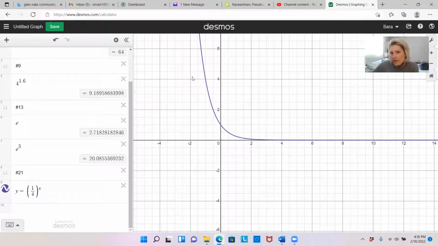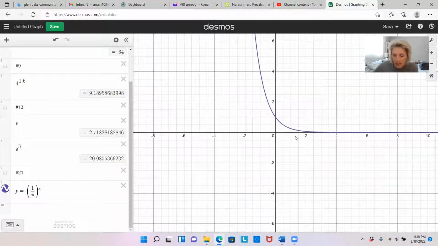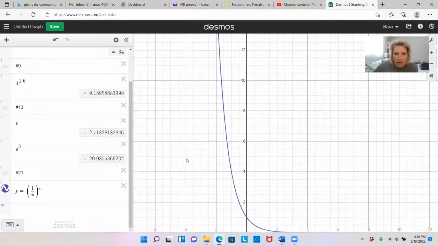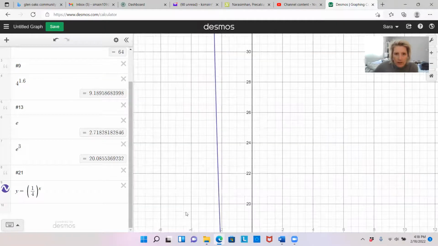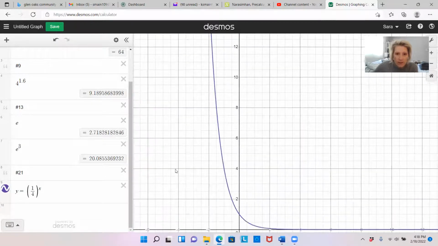So if this were a linear equation, we would say the slope is negative. It is declining, but it's not linear, so we don't have a slope per se, but it is decreasing. Notice that it has an asymptote at y equals 0, a horizontal asymptote. And then it just goes forever and ever. If you go in the negative direction, it goes up to infinity here.